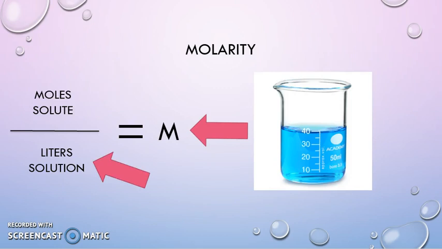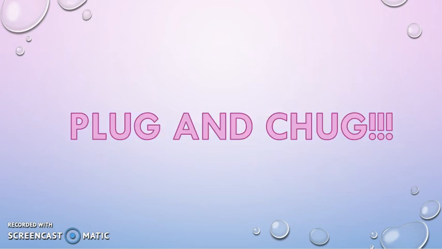Some problems are even wackier, where they'll give you the molarity and the liters and ask you to solve for moles. But what this all boils down to is using your head, being aware of the data that they give you in the problem, and boiling it back to these 3 units: moles, liters, and molarity. And essentially, my favorite style of problem, plug and chug. Try some out. Good luck.